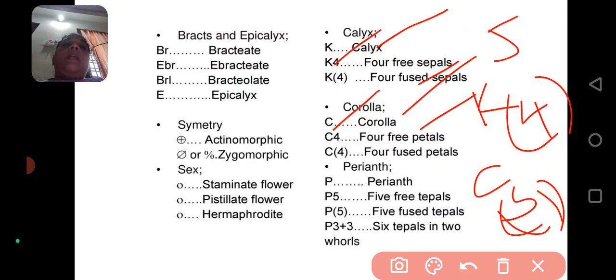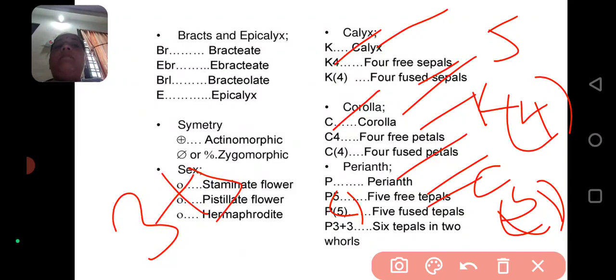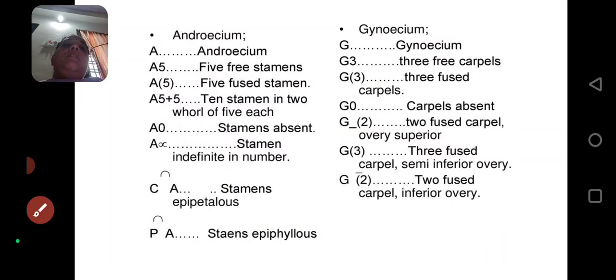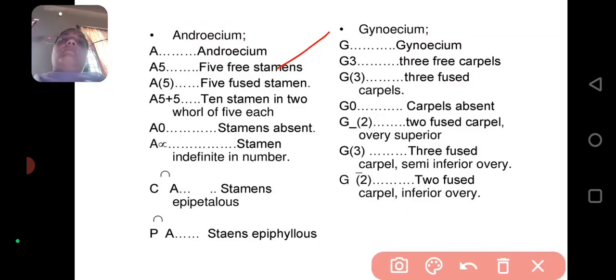If you observe the perianth, write P. Perianth with 5 tepals, P5. 5 fused tepals, P5 within the brackets. 6 tepals in 2 whorls, P3+3. Likewise for the androecium, A for androecium: 5 free stamens, 5 fused stamens in brackets, 10 stamens in 2 whorls, that is 5+5.